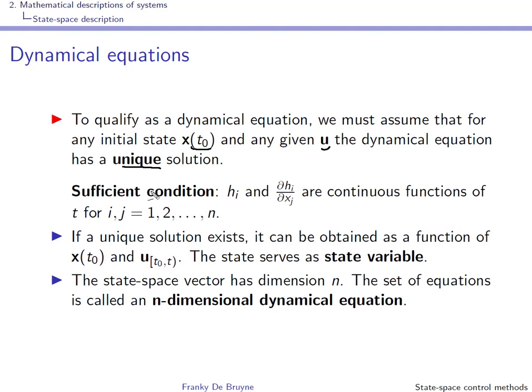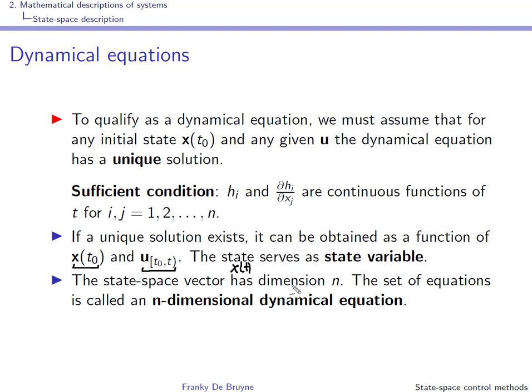A sufficient condition for that is that the functions hi and their partial derivatives with respect to the states are continuous functions of time. If a solution exists, then the state variable x of t can be obtained from the initial condition in t0 and the input in between t0 and t.